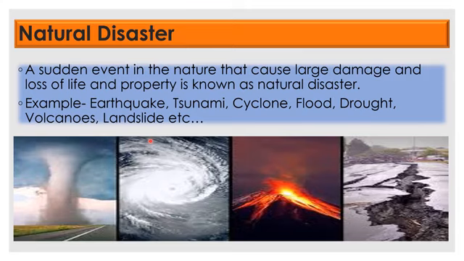For example, earthquake, tsunami, cyclone, flood, drought, volcanoes, landslides, etc. All these are examples of natural disaster which we can either hear in the news or read about in the newspapers. So all over the world, some natural disaster or the other keeps on occurring and it disturbs the whole environment.